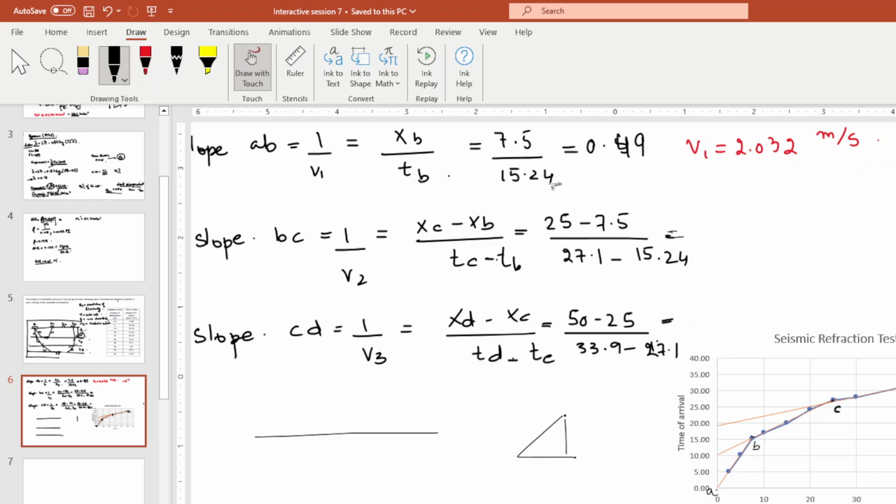If I divide it into three triangles, that is what I have done actually. I've divided it into three triangles. Okay. So this was just XA. This was xb minus xa, and this was xd minus xc.